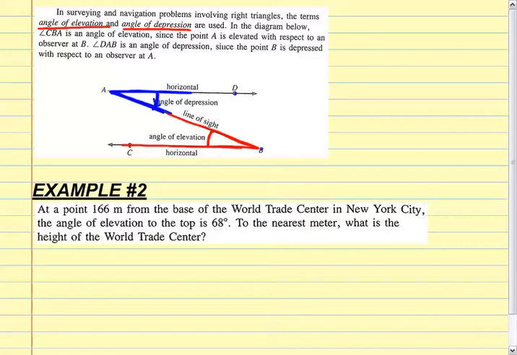So angle DAB is an angle of depression since the point B is depressed with respect to an observer at A. If you're standing here, here's the horizontal, you have to look down the cliff or whatever you're looking at. It's an angle of depression, whether you're looking down or looking up. Now let's see if one of the examples gives this to us.